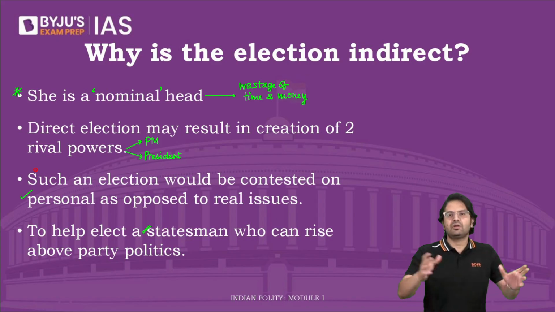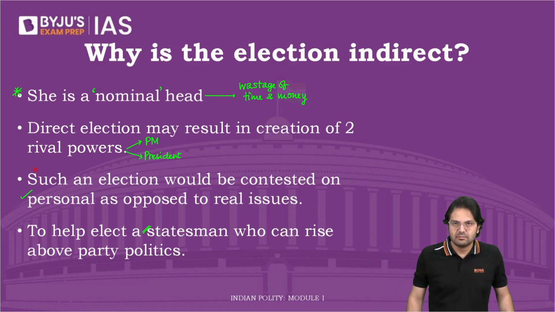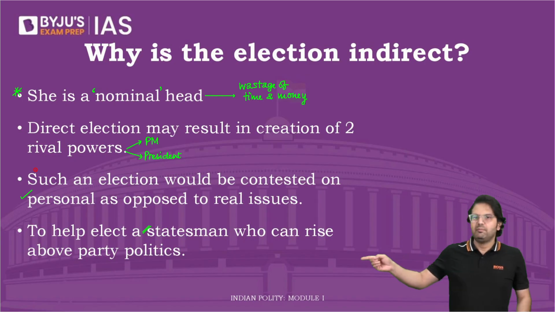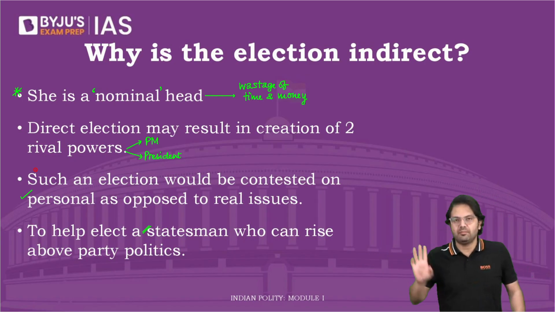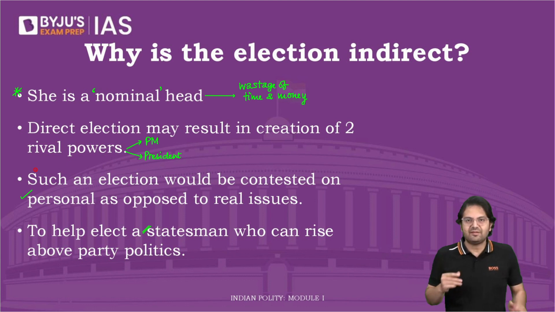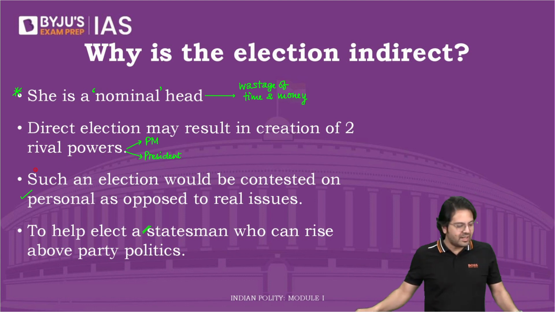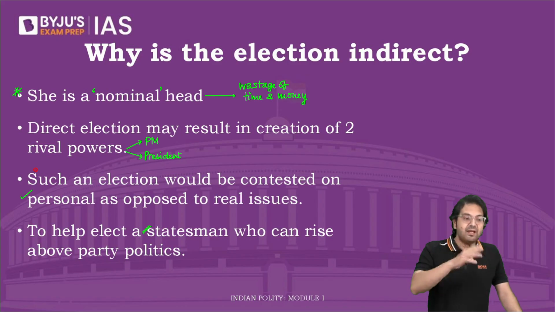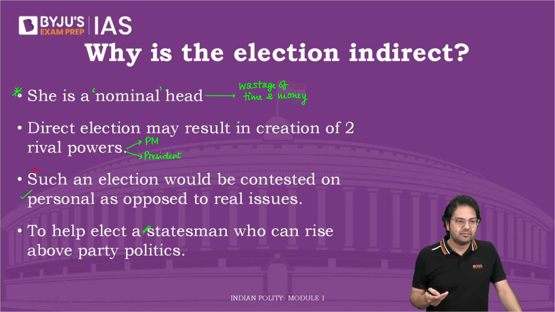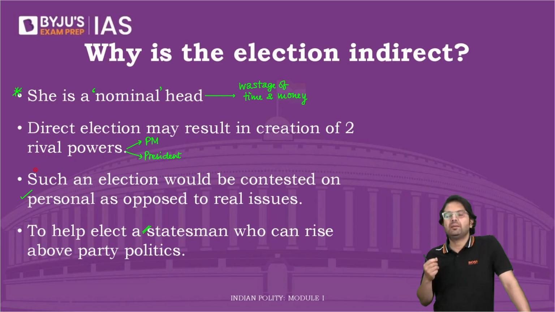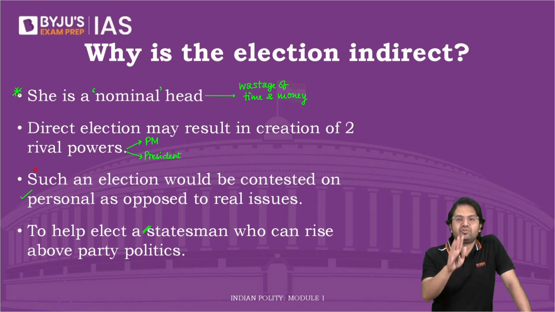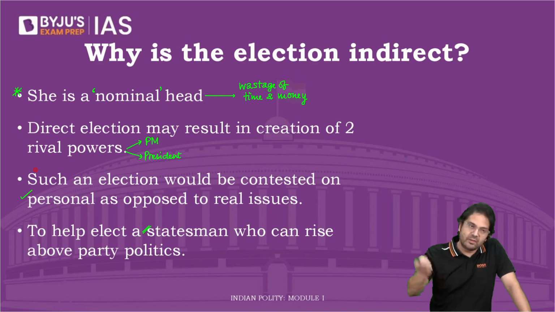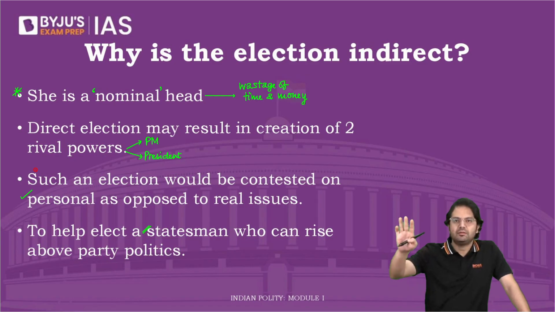Are we clear? Like in your class, let's say the teacher asks, who should be the class monitor? So some student says, ma'am, this person. You are proposing his name. You are proposing her name, right? That's called a proposer. So to contest for the post of president, 50 electors, meaning MPs, MLAs, are required to propose a name. Another 50 are required to approve the proposer's proposal, that yes, we also agree.